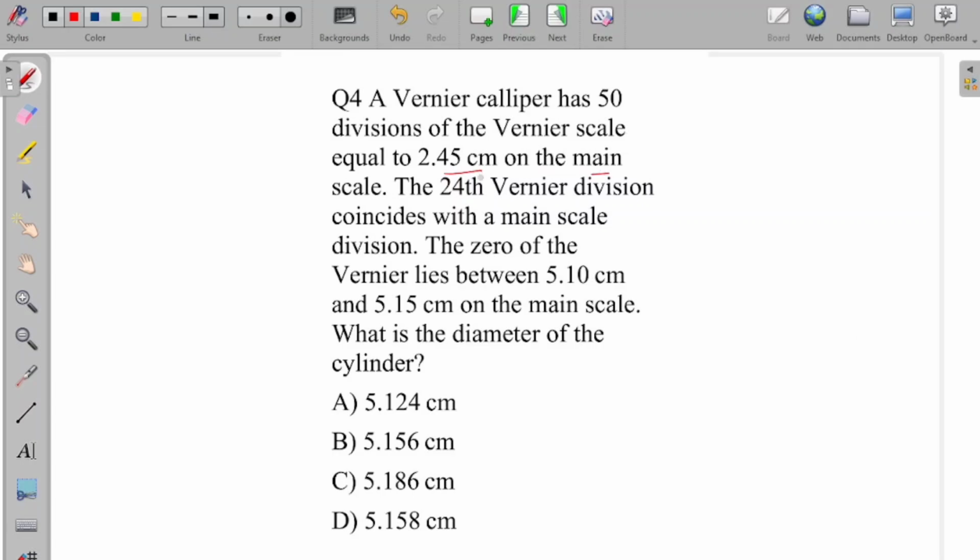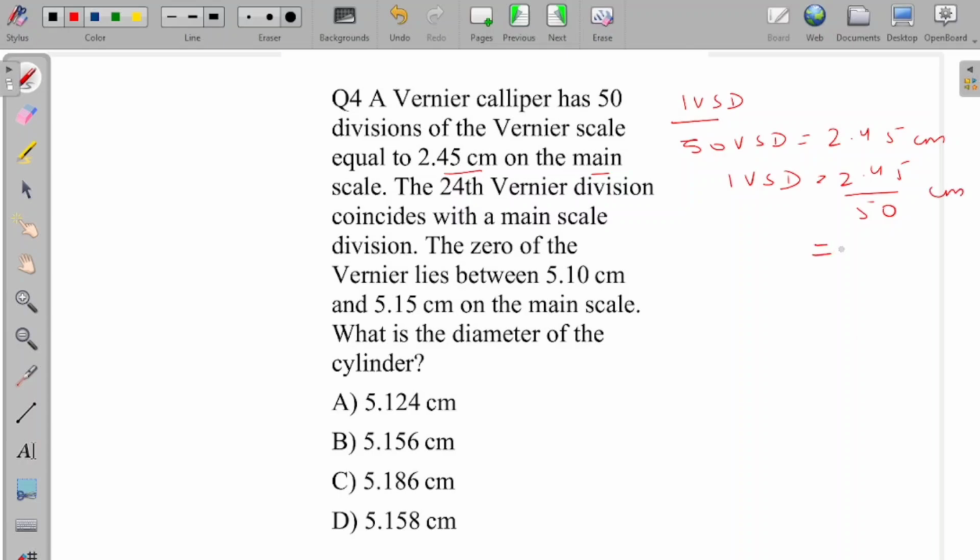We can start solving the question right here itself, as we will need the value of 1 VSD, and that information is in the first line. 50 VSD is equal to 2.45 centimeter. This is what we have in the first line. So we can find the value of 1 VSD as 2.45 upon 50 centimeter.